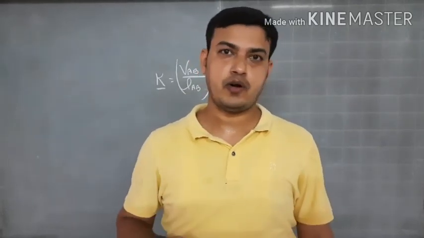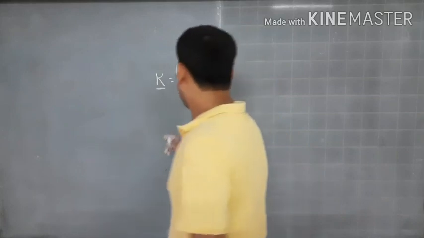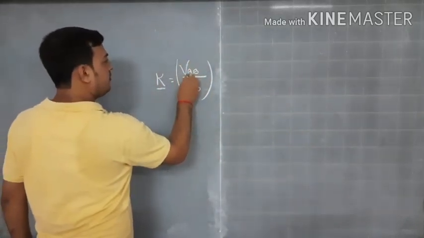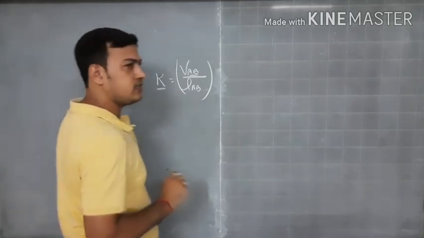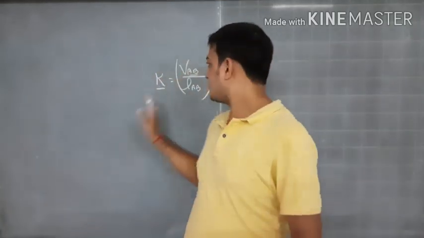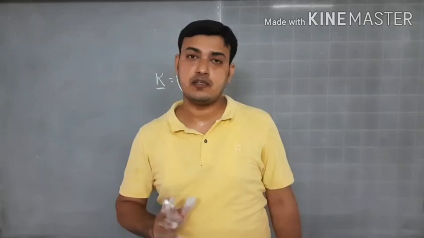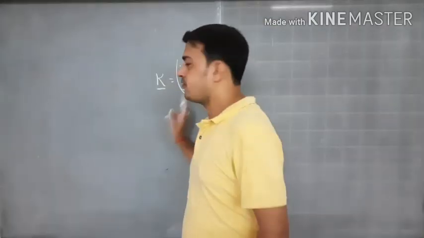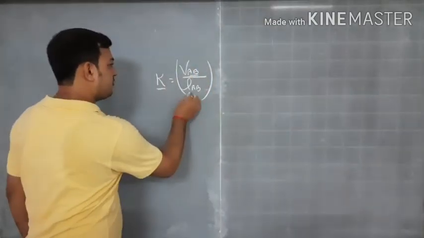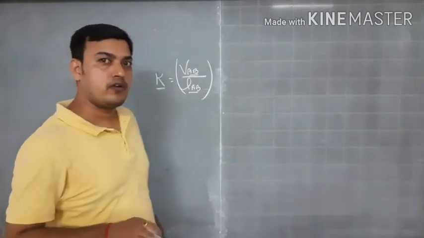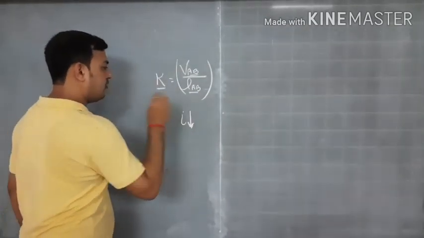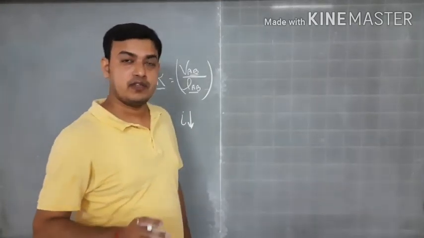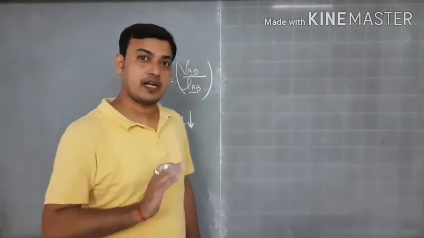But there is one important thing from this formula: if you have V AB fixed, then by increasing the length you can increase the sensitivity because K will decrease. In some special cases, the length is fixed. If the length of the wire is fixed and you still want to increase the sensitivity, then you have to decrease the current in the circuit with the help of the rheostat in the primary circuit.